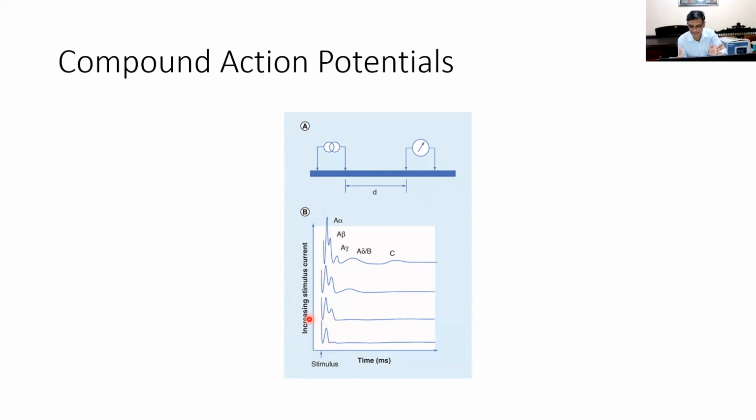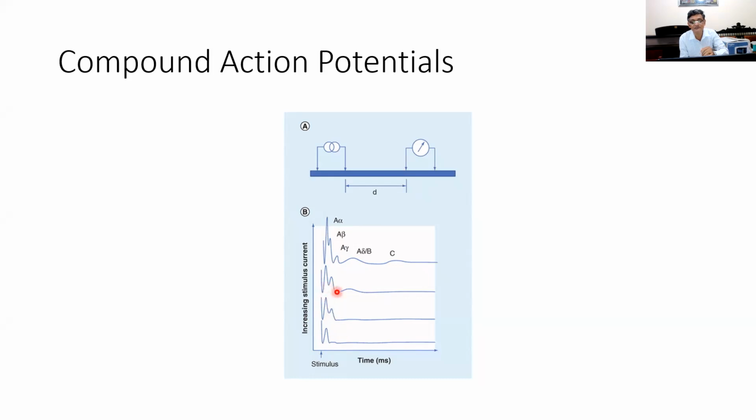Even in our ENG machine in the department, you can rotate a knob and give the stimulating current with an incremental stepwise increase. So initially 2, then you can go to 3 or 4. Assume now you give 4 millivolts. What happens? A alpha fibers stimulate, but the height is a little bigger because more A alpha fibers got stimulated, and at the same time A beta fibers also get stimulated.